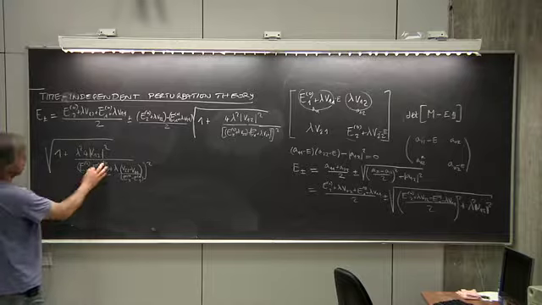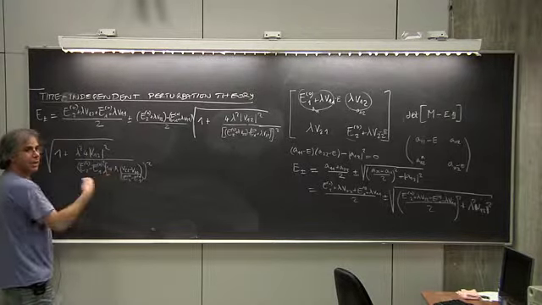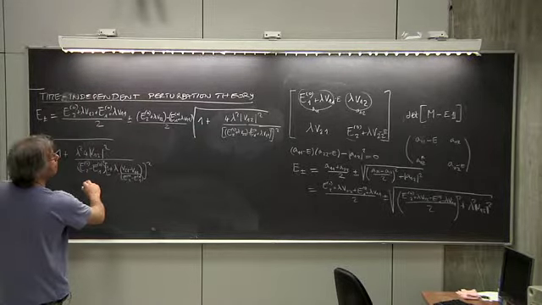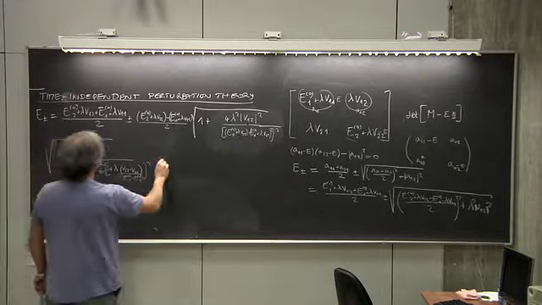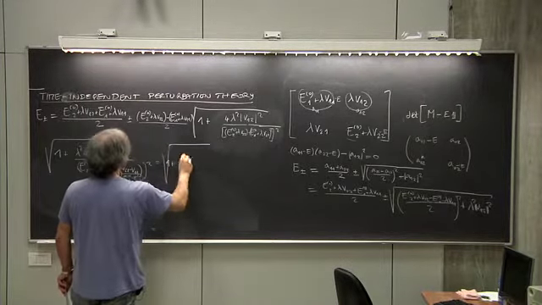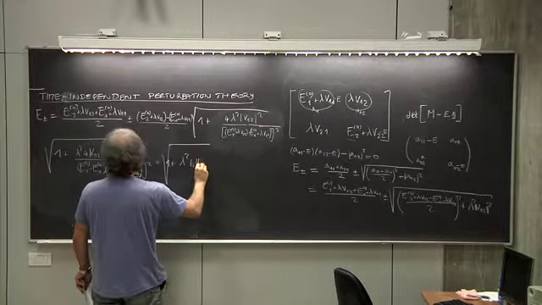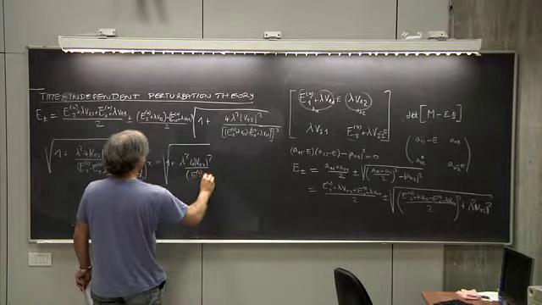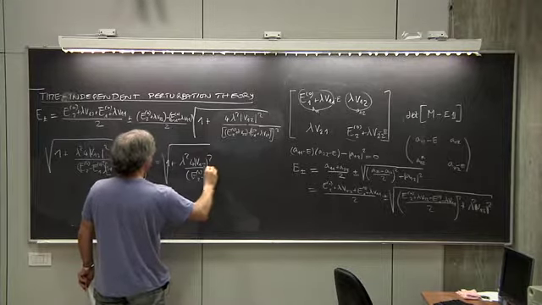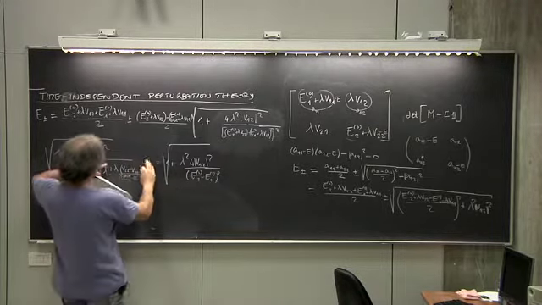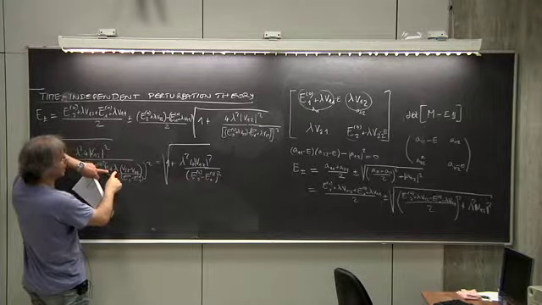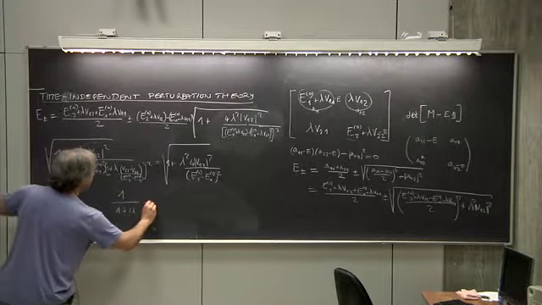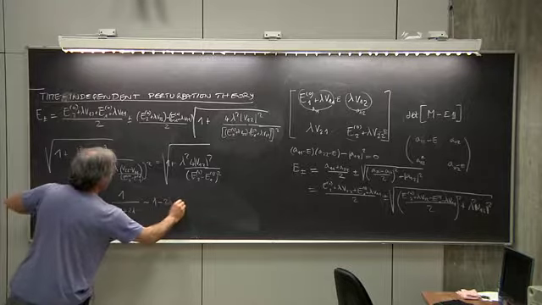Clear? I just wrote this as 1 plus lambda because that's the usual way you expand things easily. So immediately realize that this quantity here is the square root of 1 plus lambda square 4 V12 square divided by the difference in energy squared, multiplied, if I expand this, is 1 plus 2 lambda something, then I expand 1 over 1 plus 2 lambda something, and this is roughly 1 minus 2 the something, right?